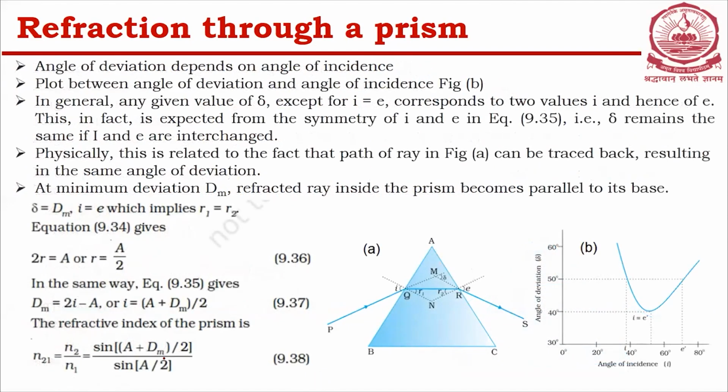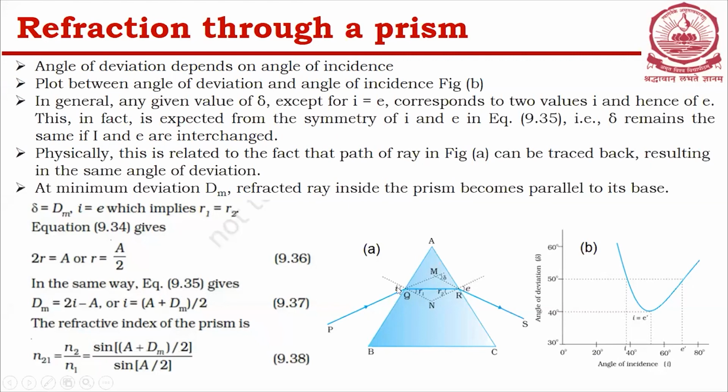So what is the angle of minimum deviation? Once you come to college, in your first experiment you will find out the angle of minimum deviation. In order to find it, there is a plot between the angle of deviation delta and the angle of incidence I. You have to vary the angle of incidence from 0 to 80 by rotating the prism in the spectrometer.